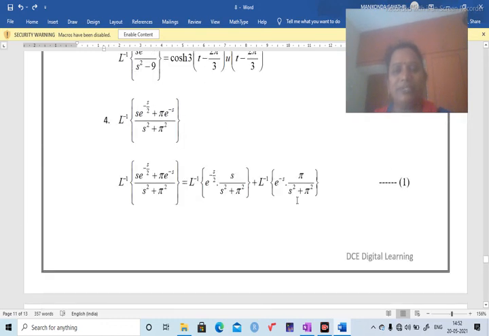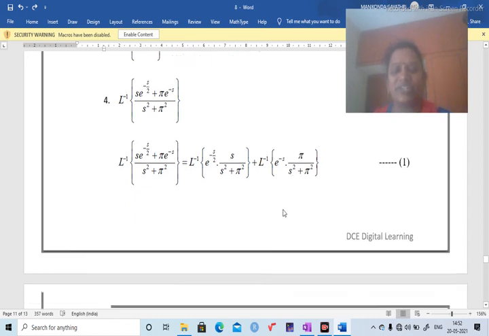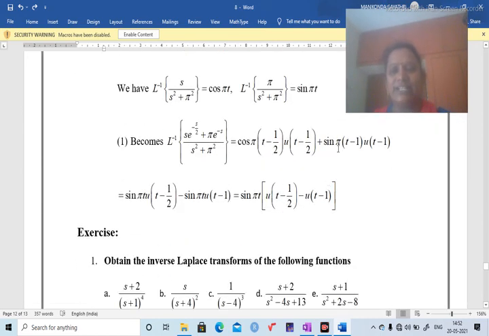Again, by using the Heaviside shift theorem, the L inverse of this function can be written as sin of pi into t minus 1 into u of t minus 1. So again, this value is equal to this one. On simplification, we get this term. So this is the final answer.